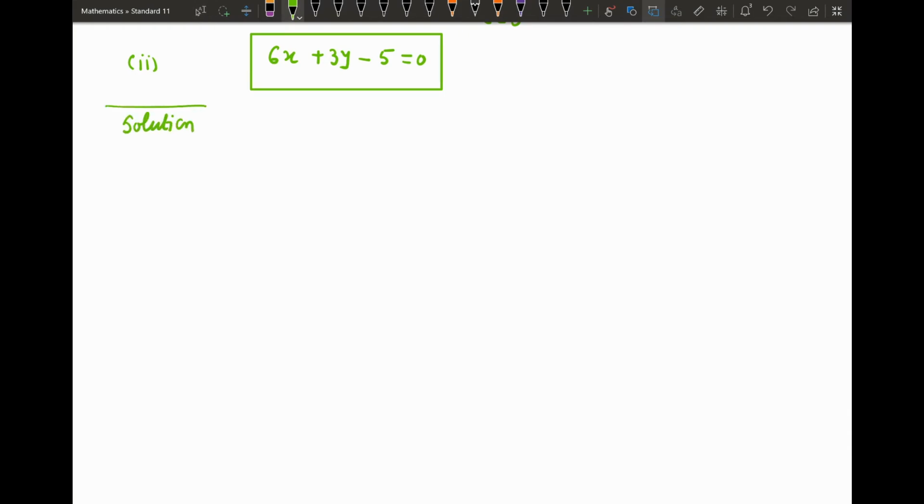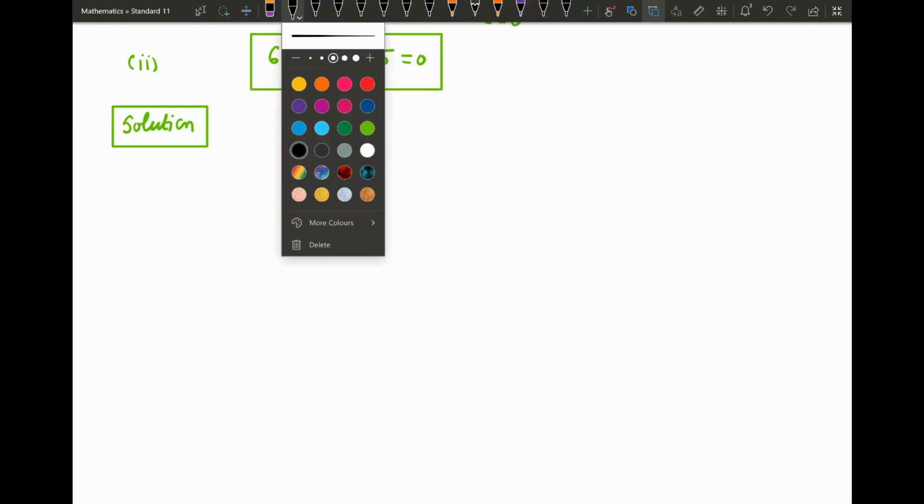So again we will reduce this equation into the standard form, y equal to mx plus c, and by comparing it with y equal to mx plus c we will find slope and y-intercept.